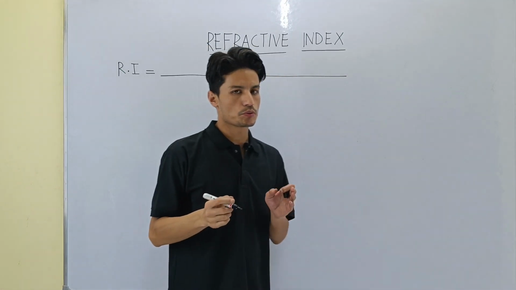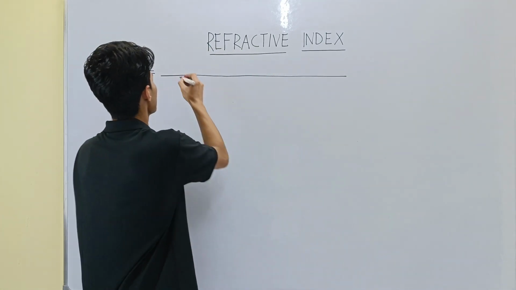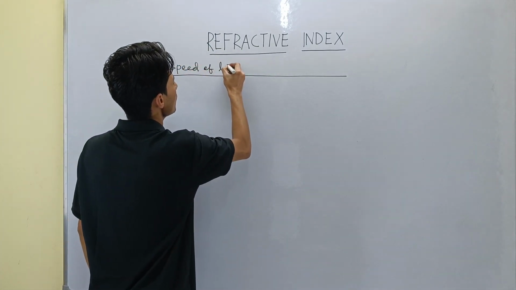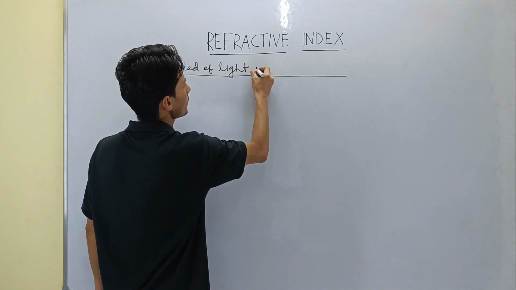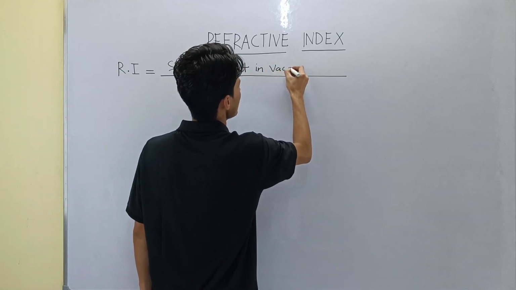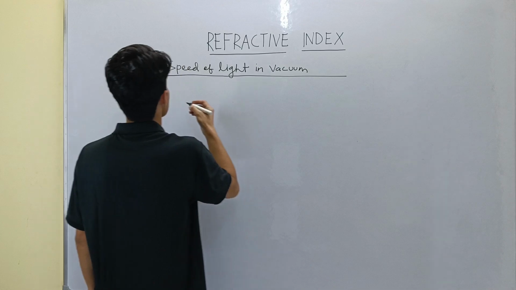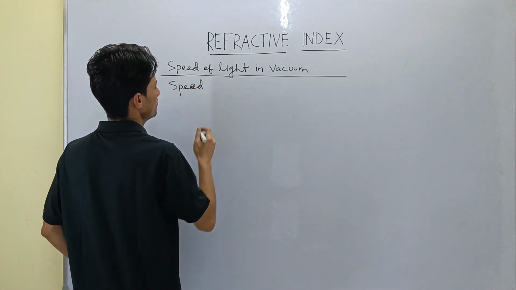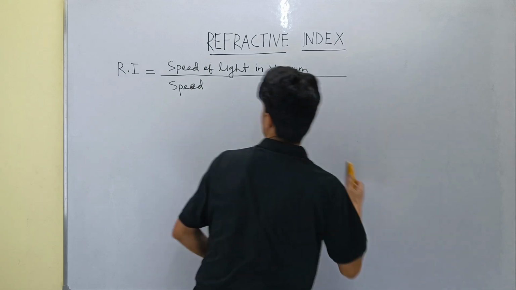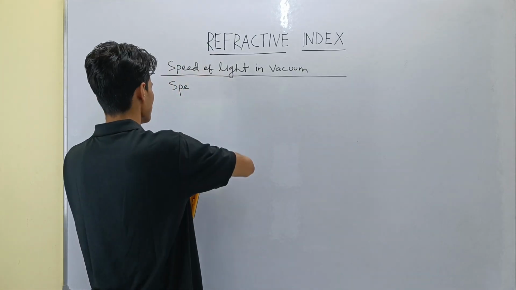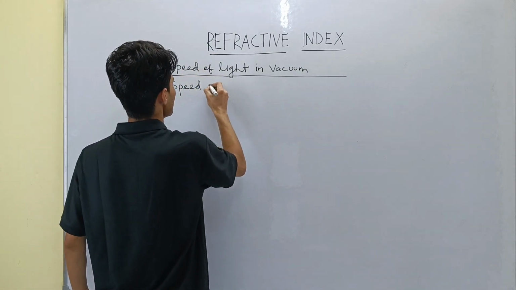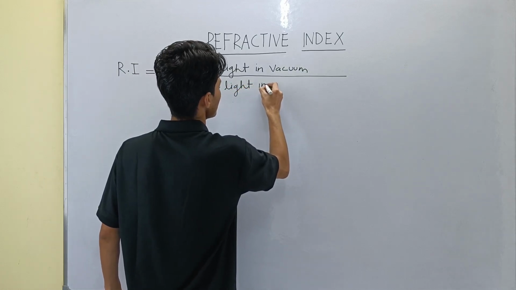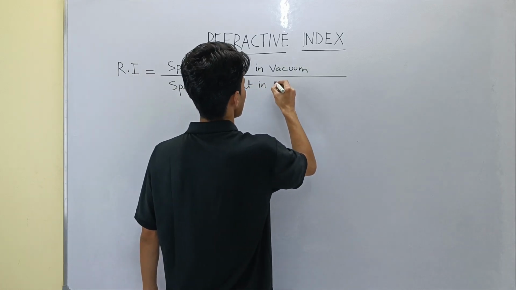So ratio of the speed of light between two mediums. So speed of light in vacuum to the ratio of speed of light in medium.